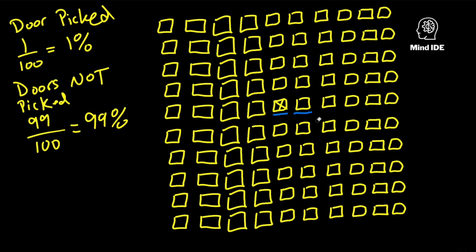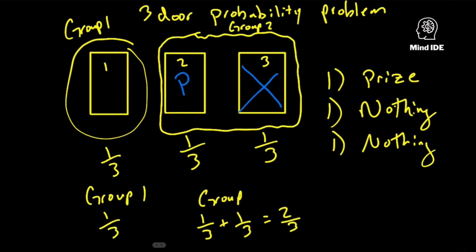And I hope that makes sense. Basically, if there's a prize behind one door, if you pick one door out of the 3, the door that you picked is in one group, the doors that you haven't picked are in a second group, then they open one of the doors in the second group.